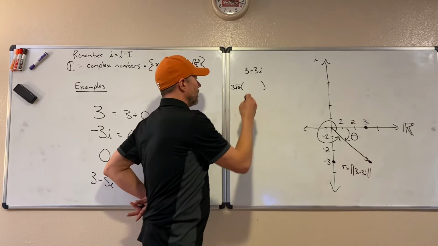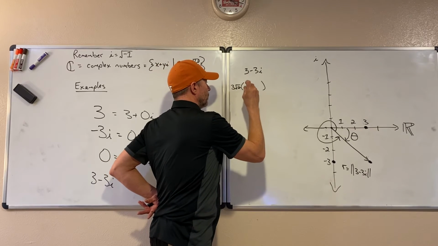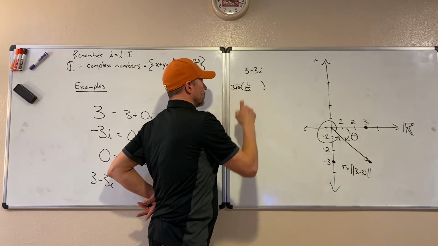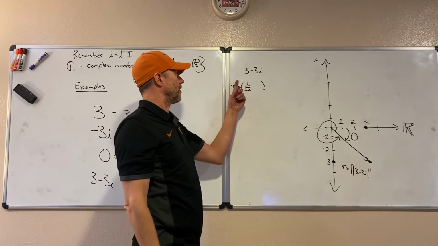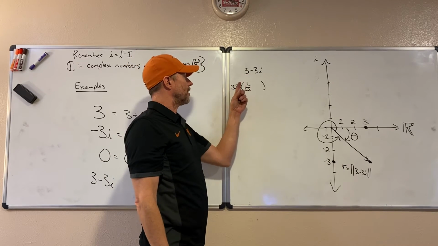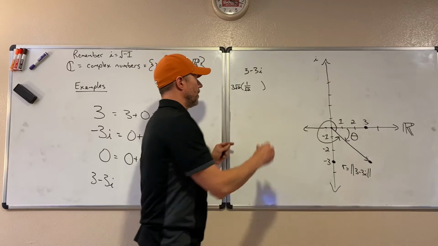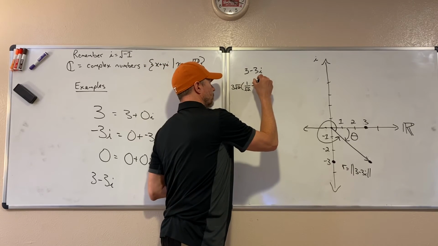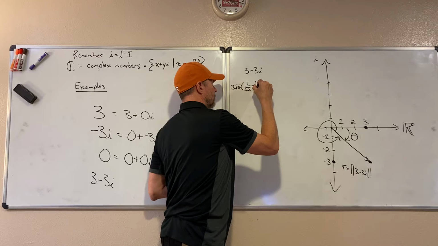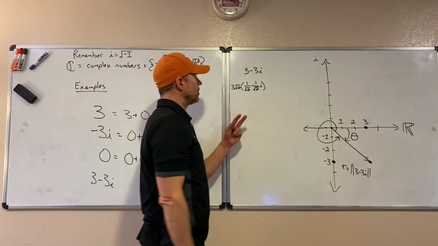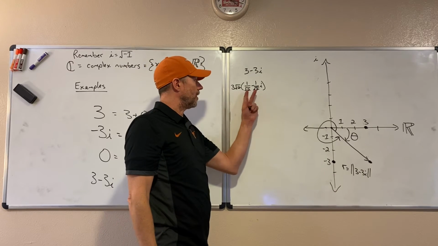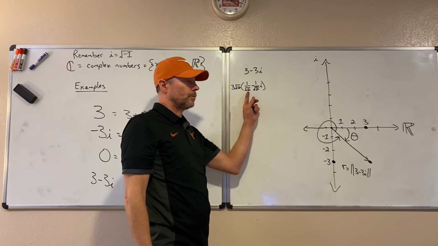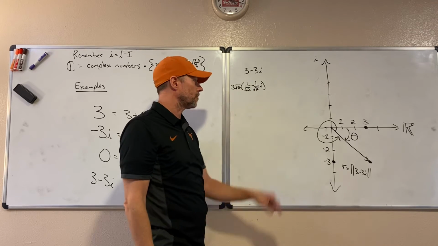What does that give me? Well, it gives me 1 over root 2 here, because remember, factoring is dividing. 3 divided by 3 is 1, and 3 divided by root 2 gives me the root 2 in the denominator. And then I'm going to have minus 1 over root 2 i. Oh, this looks like a point on the unit circle. Over 1 over root 2, down 1 over root 2.